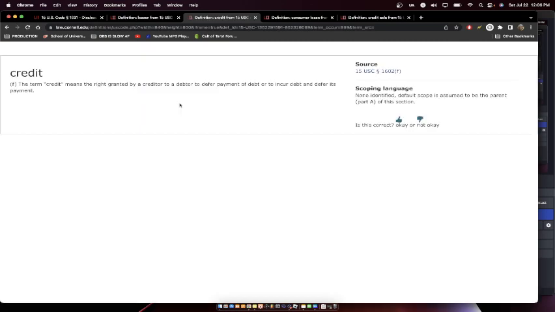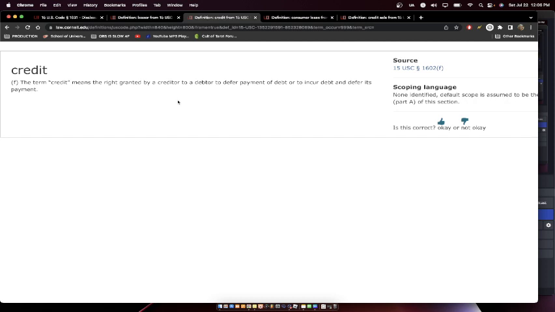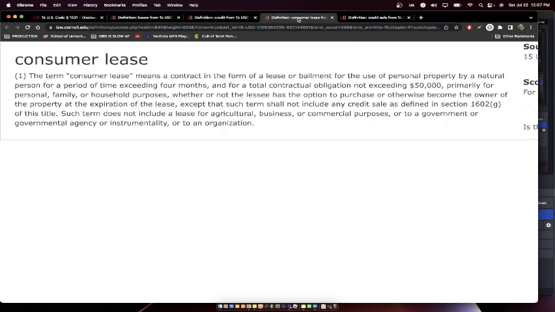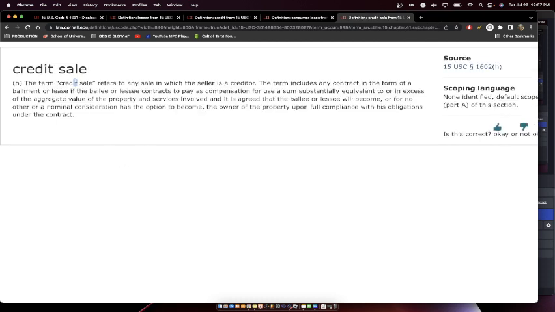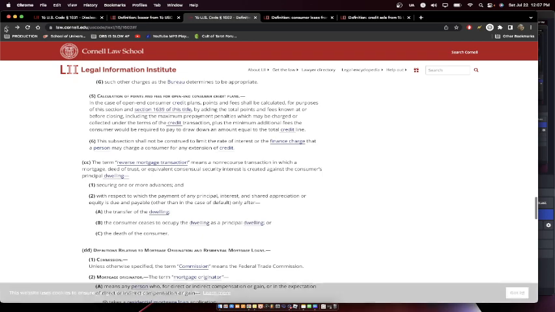So we're going to go back to credit. The term credit means the right granted by a creditor to a debtor to defer payment of debt. Credit sale. How do you sell credit?